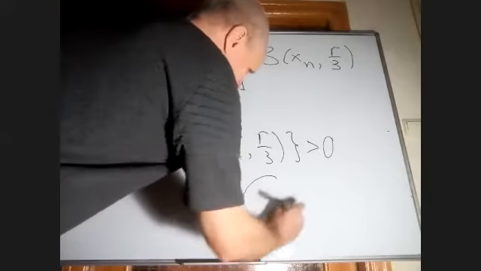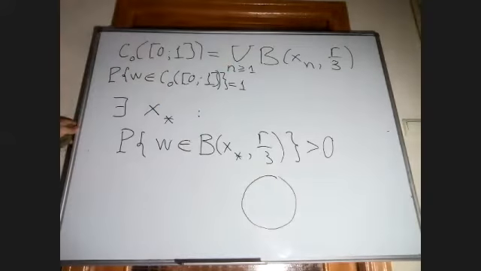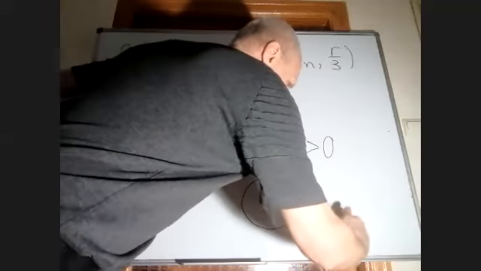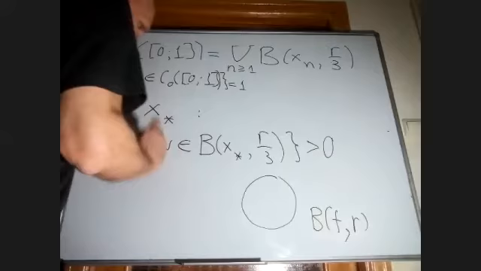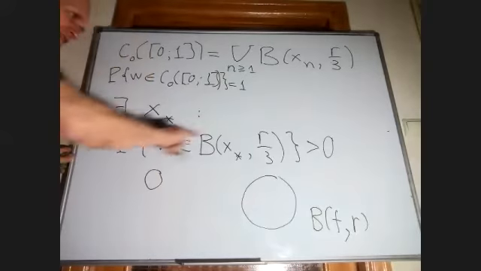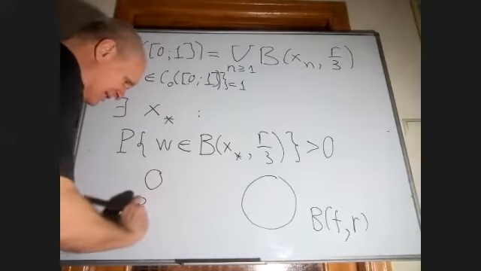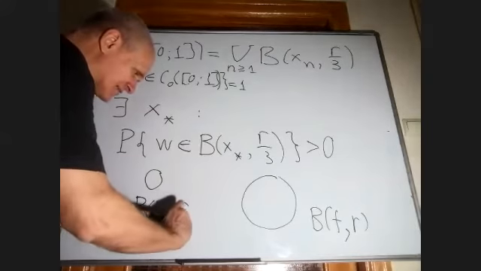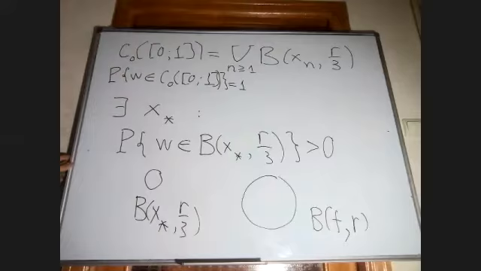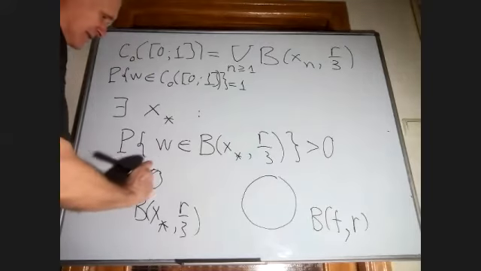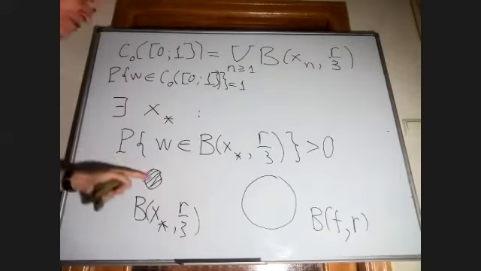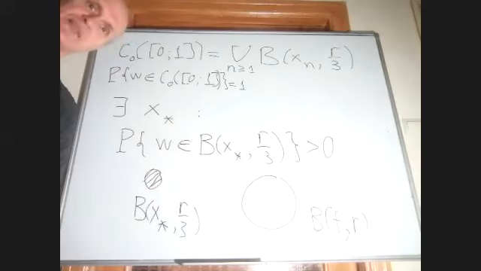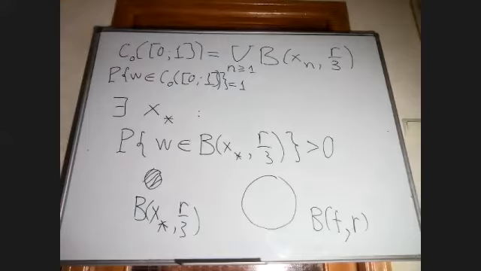One is the ball which we are investigating, B(f, r). And another one is this small ball B(x star, r over 3). But I will mark this ball because it has positive probability. We don't prove that this one has a positive probability.